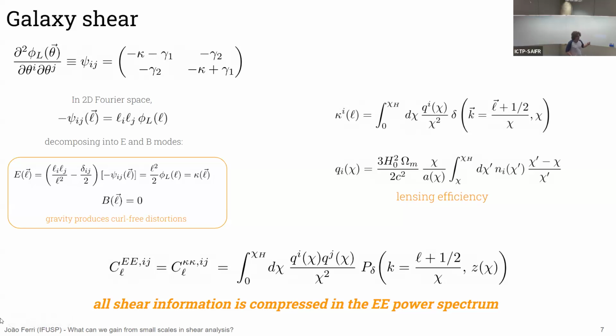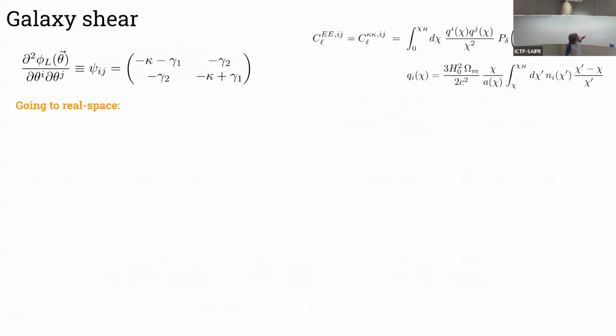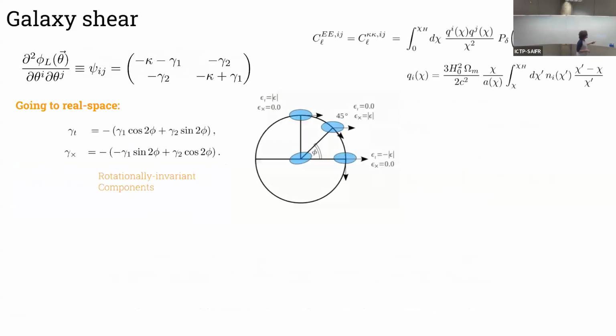Now we can try to make this same data compression in real space. To do this, it's useful to define the shear components in rotationally invariant components, which we call gamma t, which is the tangential component of shear, and the cross component of shear.